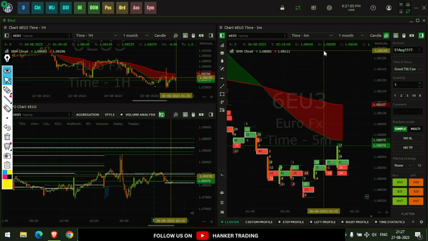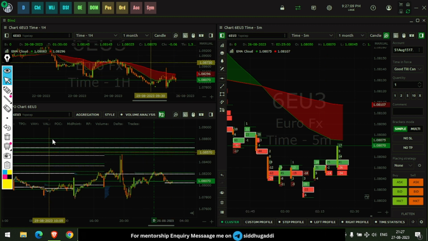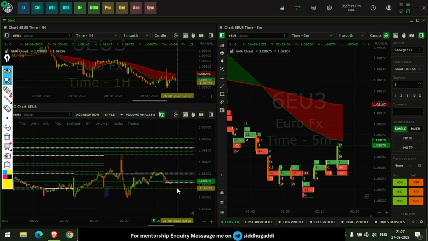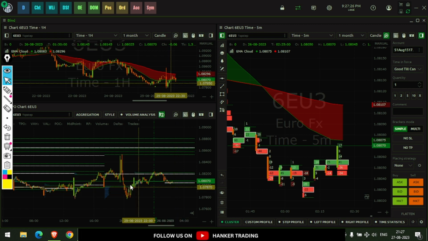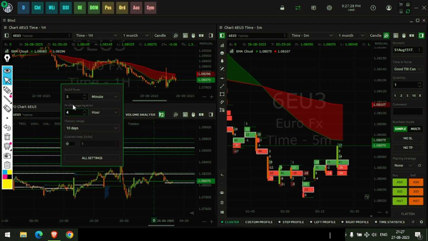After that, there is one more plus point, which is my personal favorite: the TPO chart or the market profile chart. You can plot this TPO chart or market profile chart even on the 5 minute time frame. Don't be shocked, this is the truth about the contour. You can fetch the 5 minute chart on it. Right now I am using a profile range of 4 hours.